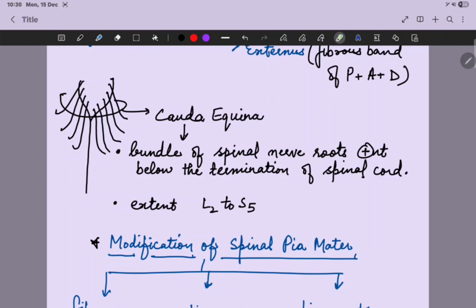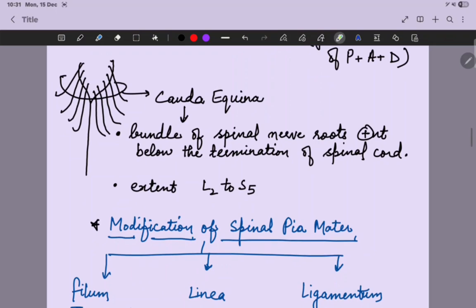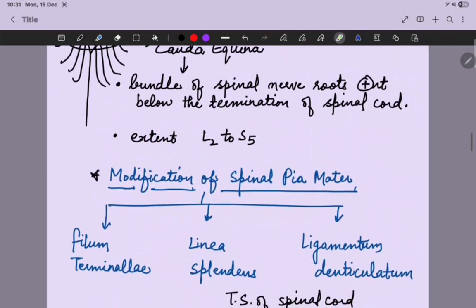Its symptoms include bilateral sciatica, urinary retention or incontinence, severe low back pain, lower limb weakness, and bowel dysfunction. It's a very complicated situation, so we need to address this as soon as possible for its diagnosis.